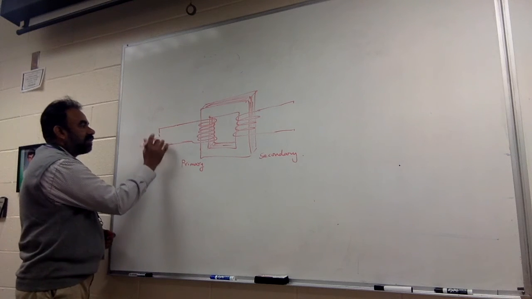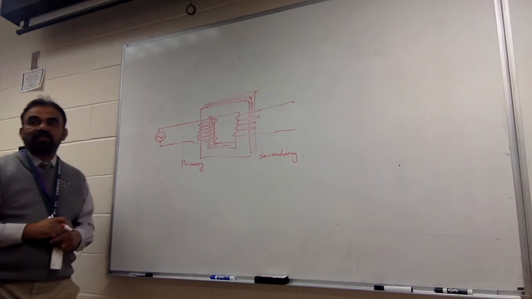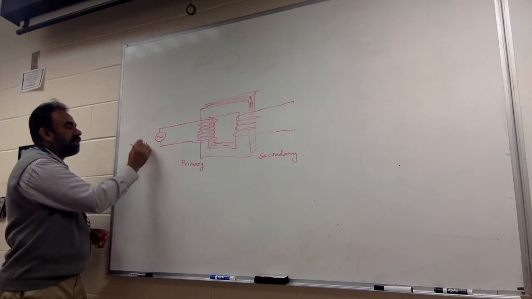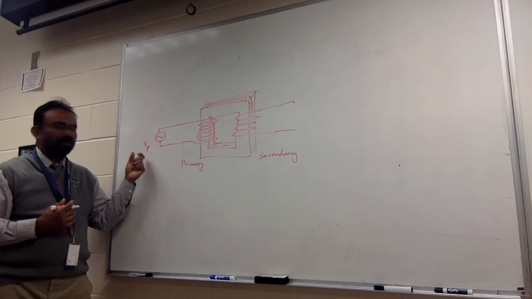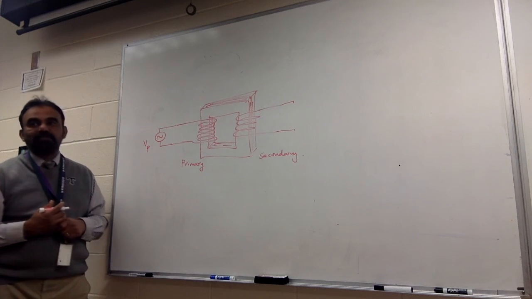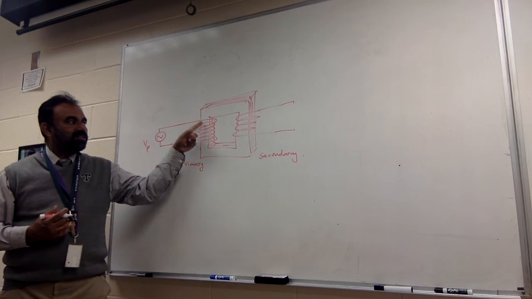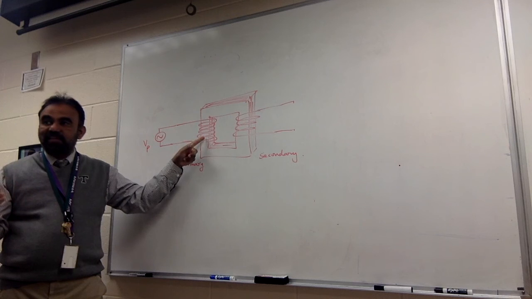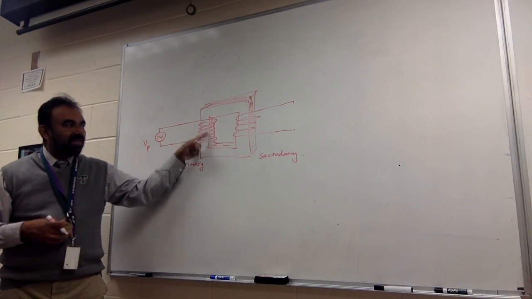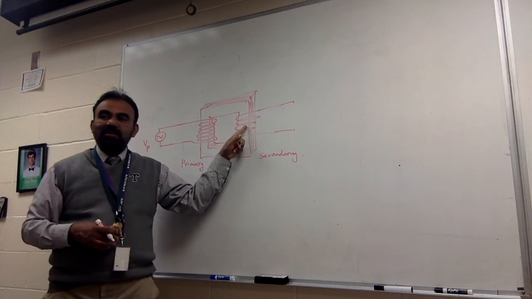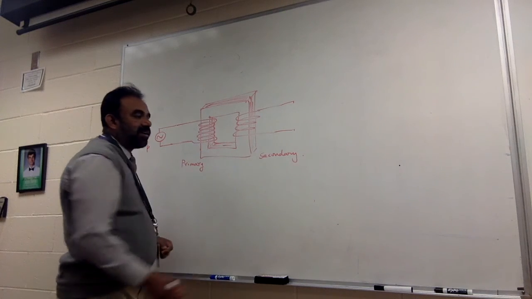So what we do is, we connect an AC here. So this is the input voltage, the primary voltage, VP. When you connect this VP here, this core is getting magnetized, and there's a rate of change of flux inside here. And the same rate of change of flux will be linking the other coil, because the next coil is also there. This is called the secondary coil.